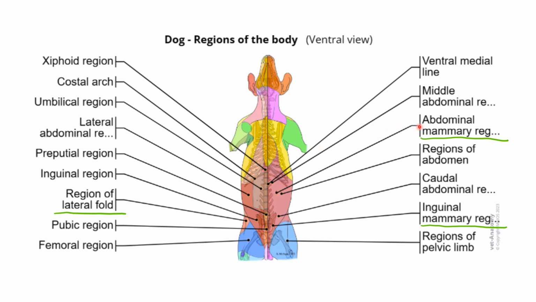As you probably remember if you watched the third part of the series, we have the thoracic part of the mammary glands. This is the abdominal part. And then we have the inguinal part of the mammary region. So we have three regions. So it's very different from, let's say, human anatomy, because animals have way more mammary glands than we do. So this is an important thing to remember. So we have three zones: the thoracic, the abdominal, and the inguinal.